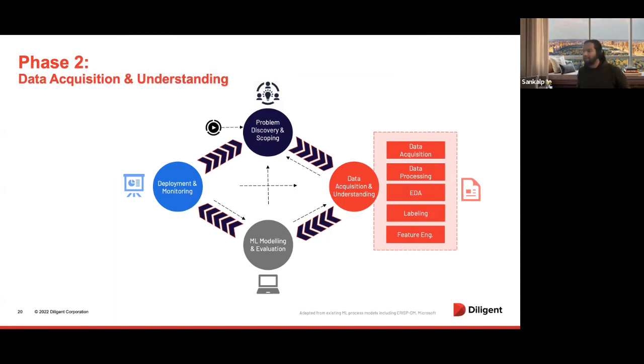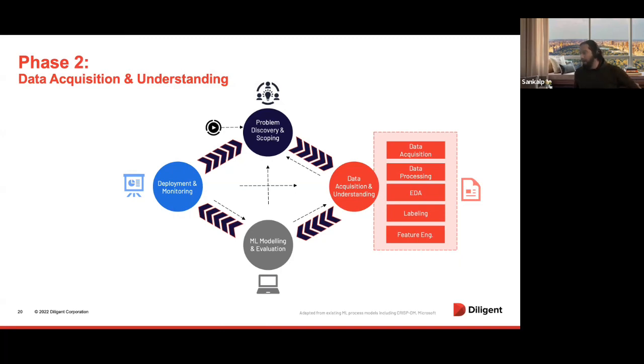So during the data exploration phase, you may have questions like, can I solve my business problem that I identified in the previous phase using the data that I have, right? Or should I go and acquire different data that will help answer my business problem, right? So these are the questions that you will encounter, and you will basically grow in confidence as you explore your data and understand your data good enough, right?